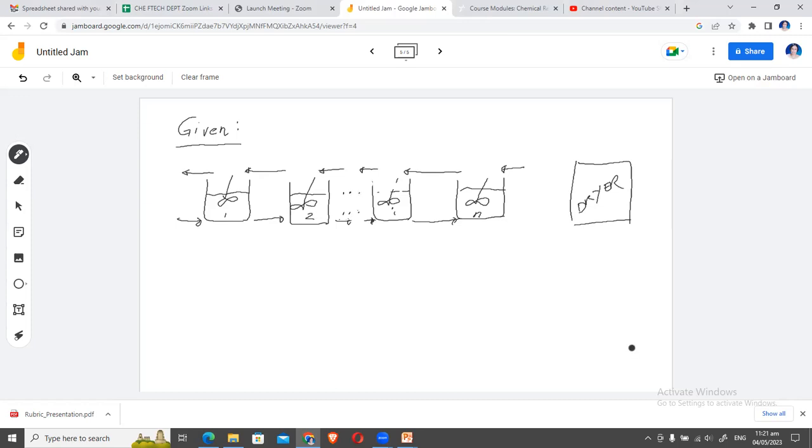Okay. This thickener 1 is connected to thickener 2.